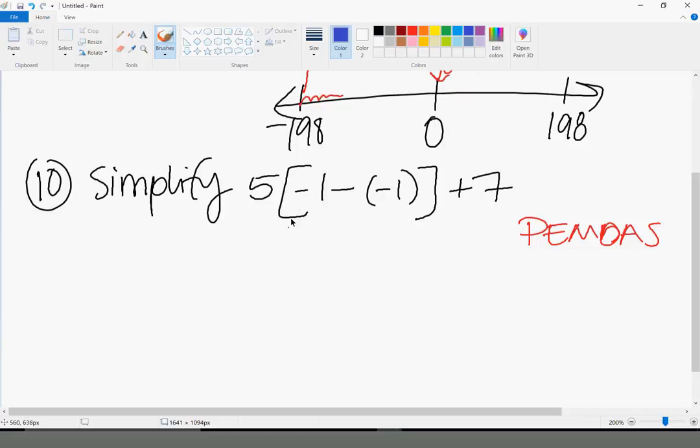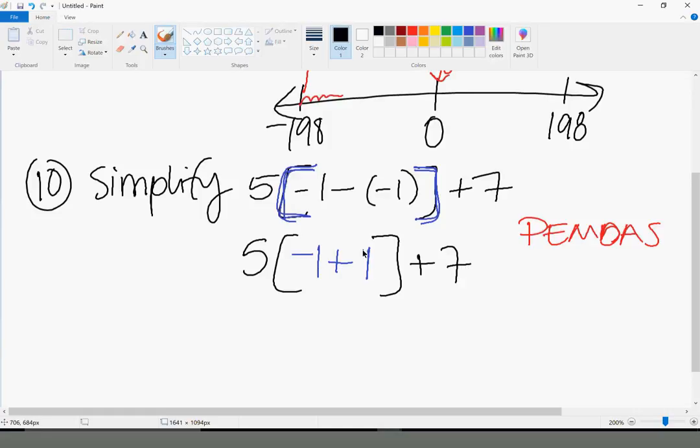So we're going to look at this first group here. Okay? So within these brackets, I'm going to simplify. So -1 minus -1. So remember, we can change that to adding the opposite. So we keep the first number the same, change minus to plus, and then what's the opposite of -1? +1. So that is what we're going to do inside that bracket.